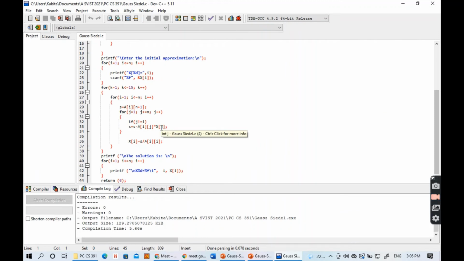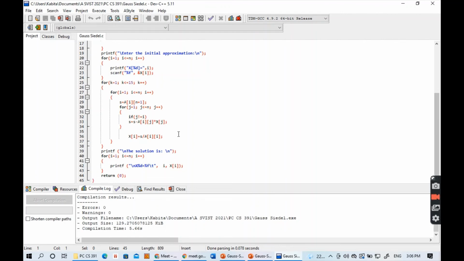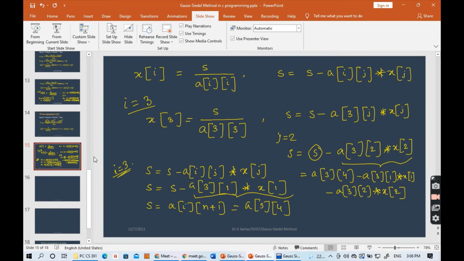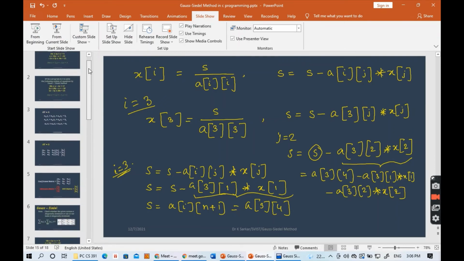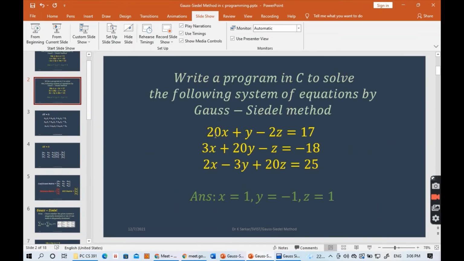Now we have the system with us. Here are the values for the elements of the matrix: 20, 1, minus 2, 17, 3, 20, minus 1, minus 18, 2, minus 3, 20, 25.